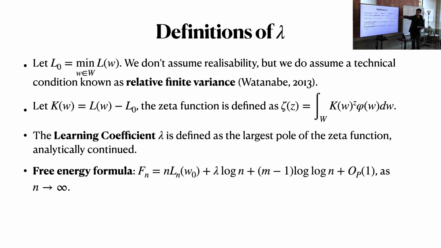If K is an analytic function, then you can apply Hironaka resolution and actually evaluate this zeta function, and you can see that those poles are rational numbers. That description of how you get to the poles using resolution of singularities is firmly in algebraic geometry. So that notion, we can call it the RLCT.